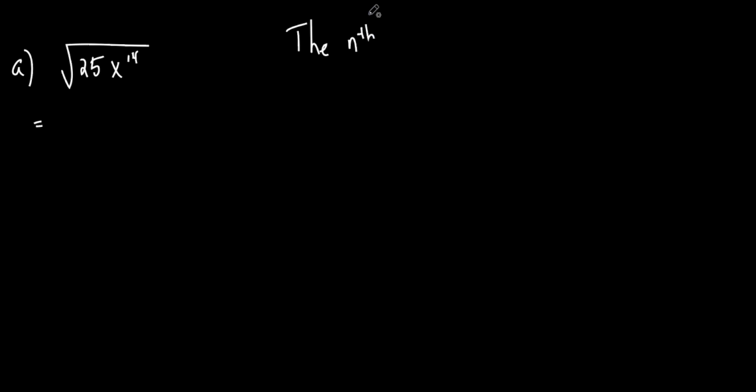It almost was hidden. It says the nth root of x to the n. Basically I'm just rewriting what that says right there: the nth root of x to the n, right? I just wrote down in symbols what that means.